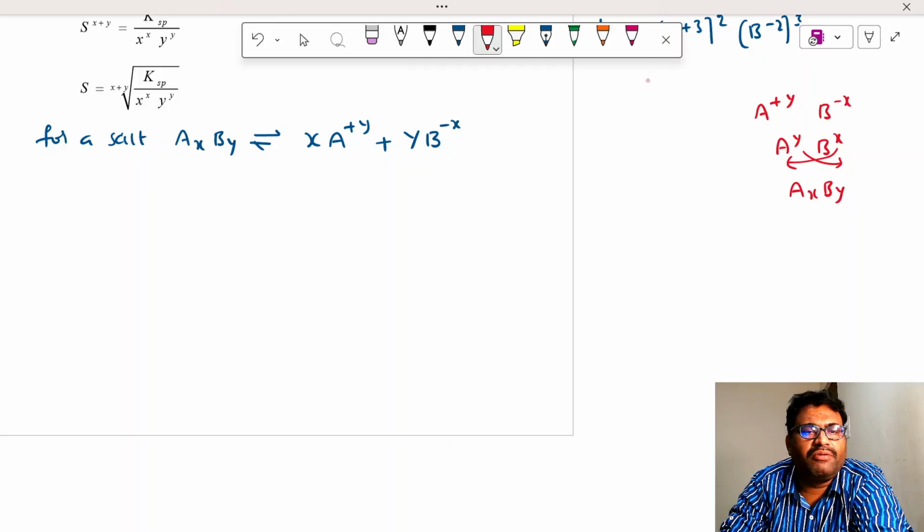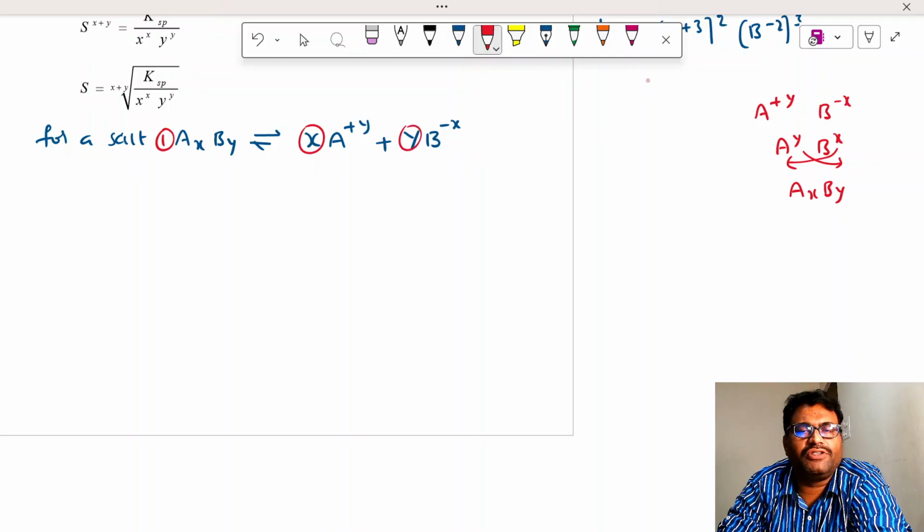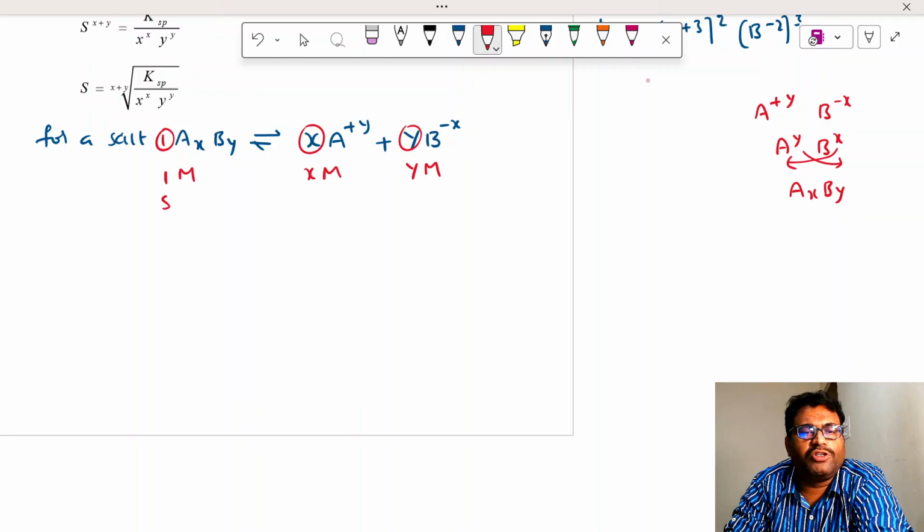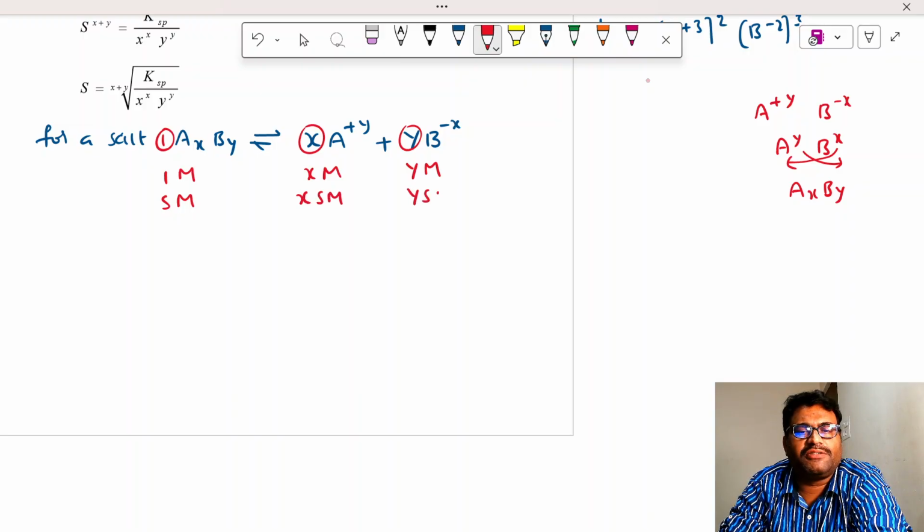Now, here 1 mole of this gives you X moles and Y moles. So, 1 molar gives you X molar and Y molar. If I take S moles per liter, then it gives you X into S moles per liter and Y into S moles per liter.